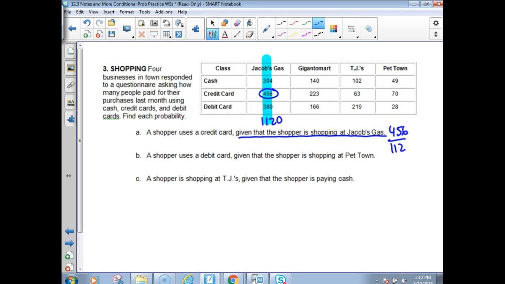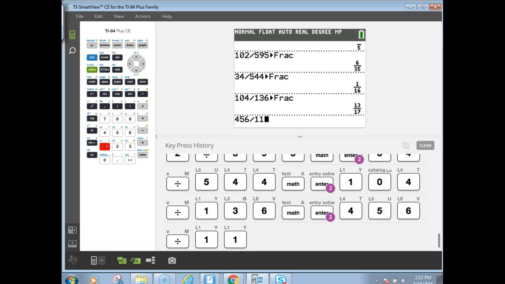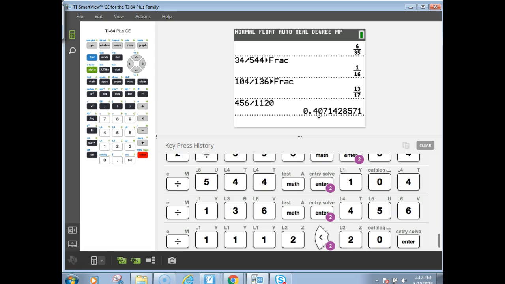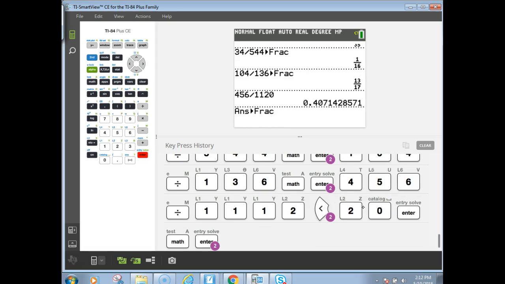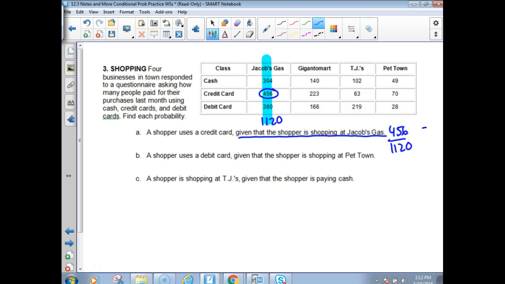Okay, and then we'll let the calculator do the reducing. 456 divided by 1,120. Oops, I did a decimal. If you had a decimal, it'd be about 41%, or math, enter, enter, reduced to 57 over 140, or 41%.